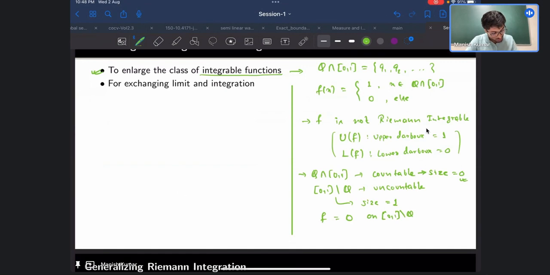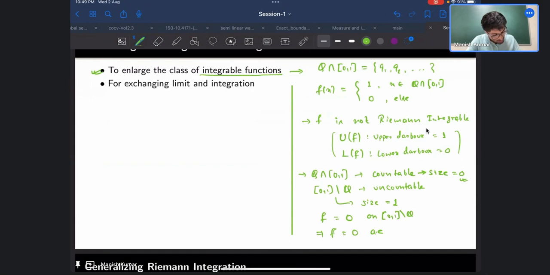In other words, you can say that the function is 0 almost everywhere. You will see what almost everywhere means later on, but for now you can see that this function is taking value 0 on almost all the points of the interval [0, 1], just in the usual sense.